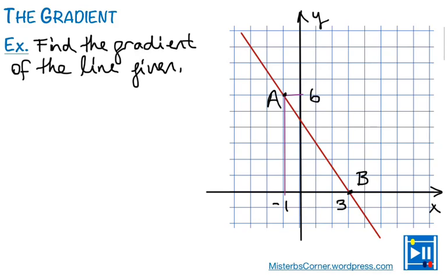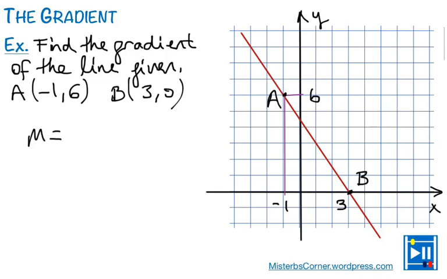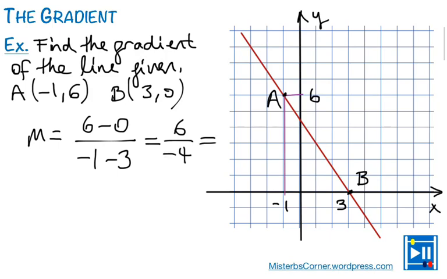So if I have the coordinates of A to be (-1, 6) and B to be (3, 0), then I can just calculate my m, the gradient for this line, as 6 minus 0 over -1 minus 3, which would be 6 over -4. Then I'm going to end up simplifying this to be minus 3 over 2.